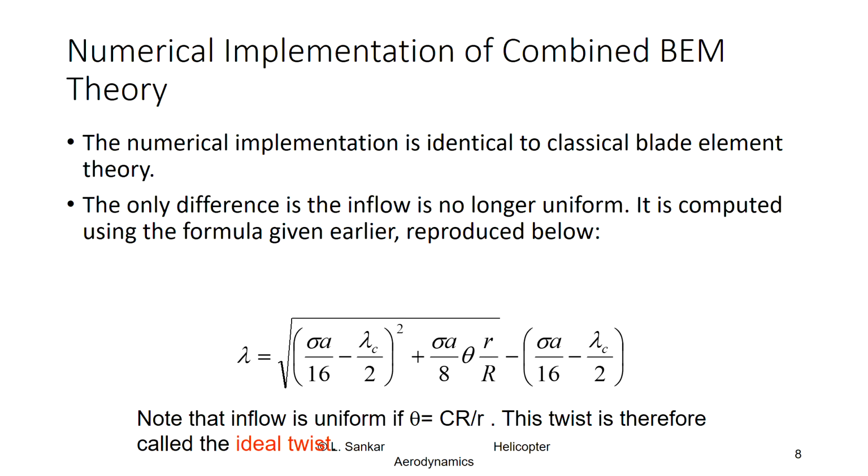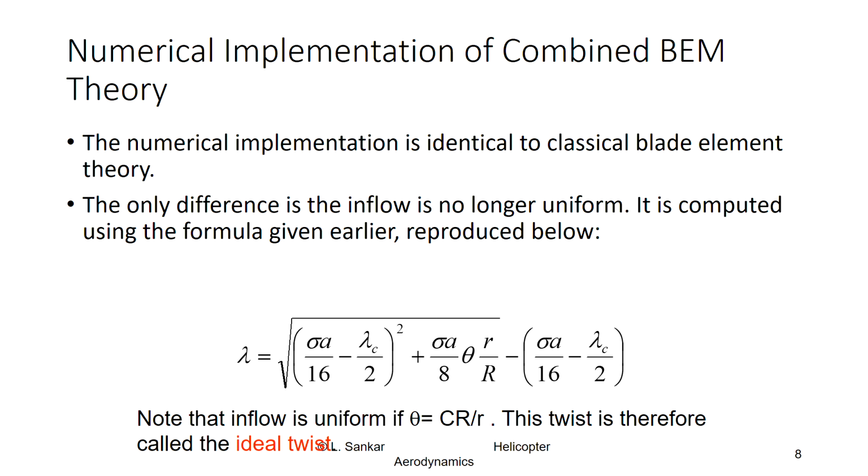So the inflow is no longer uniform, it varies with radius. If theta is a constant times capital R over lowercase r, then for constant sigma you get a constant lambda everywhere. Then you have a uniform inflow, which produces, as we will show, the lowest induced power. Therefore, this type of twist distribution is called an ideal twist distribution.